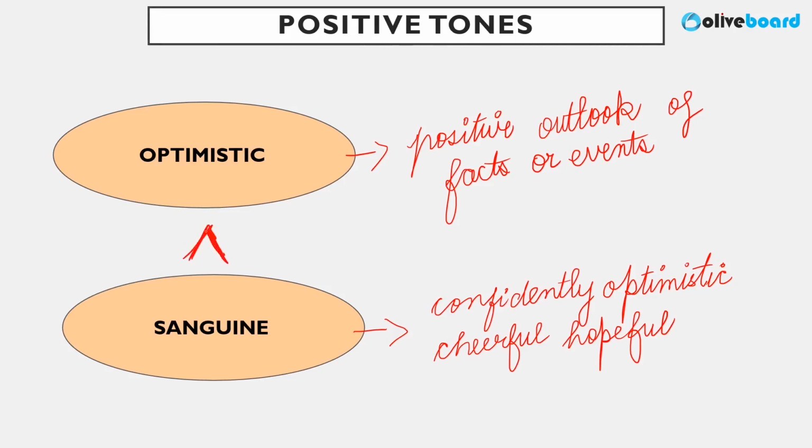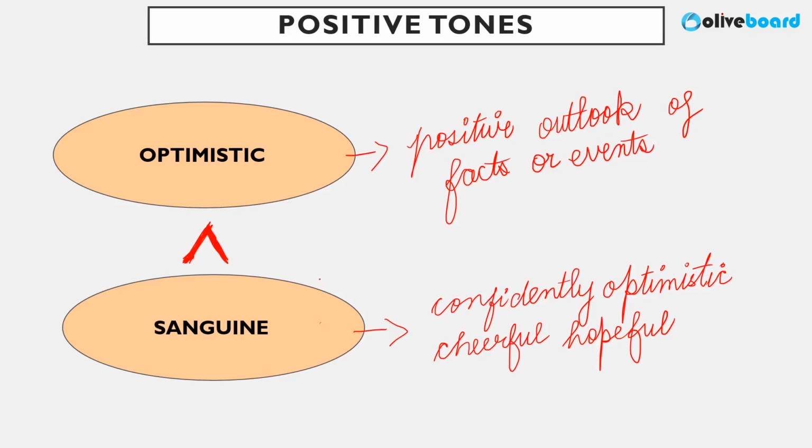Okay, so I'll just put an arrow here, the bigger mouth showing sanguine, which means sanguine tone means even more optimistic, very cheerful. Even if the situation is sad, even if the situation is not okay, you have unrealistically high hopes that things will definitely be okay, and you are always cheerful and hopeful.